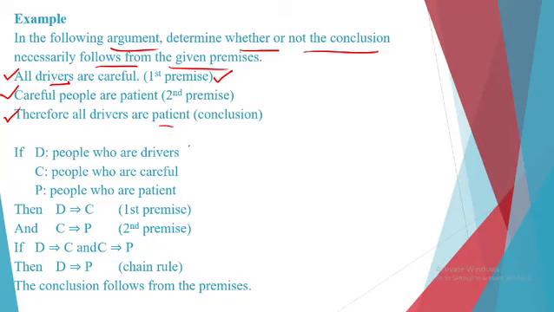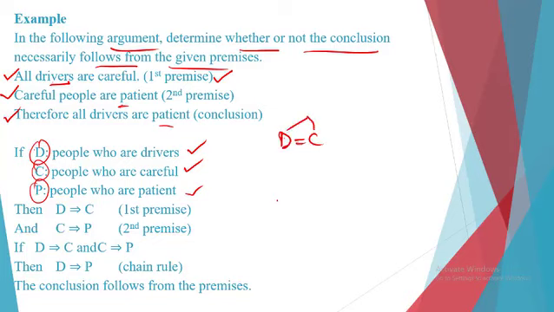So looking at that now, let us take D to be people who are drivers, C to be careful people, and P to be people who are patient. So D is for drivers, C is for careful people, P is for patient people. Looking at these premises, we can simply say that D implies C, because drivers are careful.